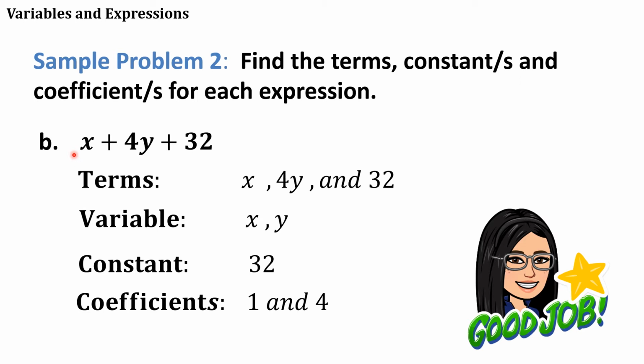If I don't write it down, that just means it's the number 1, because everything that we multiply by 1 is the same as the other number. So when I ask you what the coefficients are in that problem, you will say that you have a number 1 next to your x and a 4 next to your y. So good job.